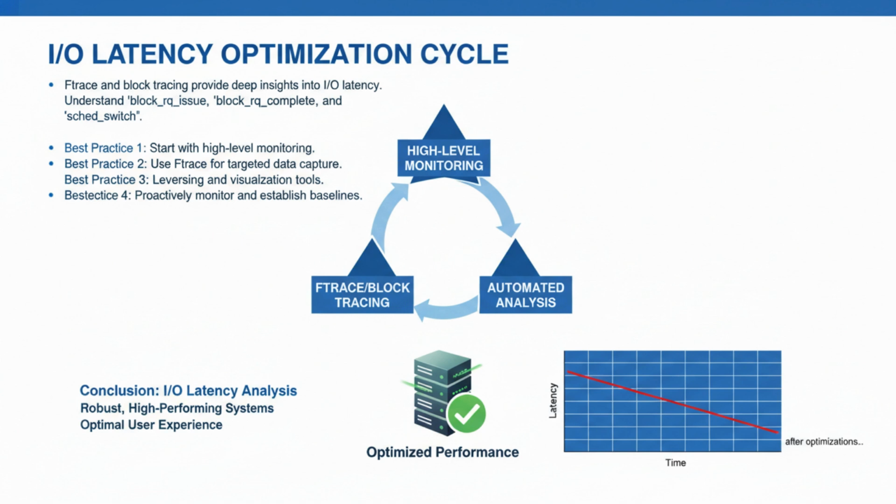Finally, proactively monitor and establish baselines for I/O latency to detect deviations quickly. Mastering these tools and techniques will empower you to build and maintain robust, high-performing systems that deliver optimal user experiences, ensuring your applications run smoothly and efficiently.